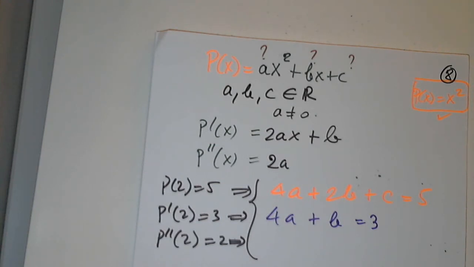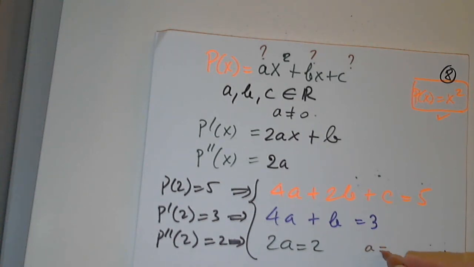Final equation, please. 2a equals 2. Excellent. Great job. Where do you think I'm going to start? And no, I'm not lazy, but that's where we have to start. Correct. Good. So how much is A? Good. Please plug it in here. Replace it by 1 and tell me B.